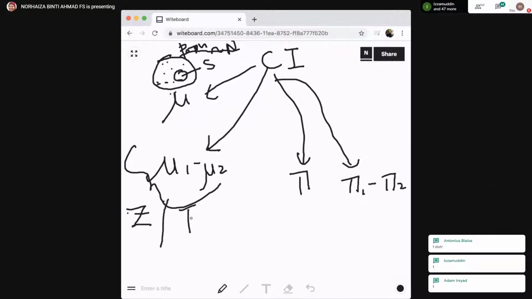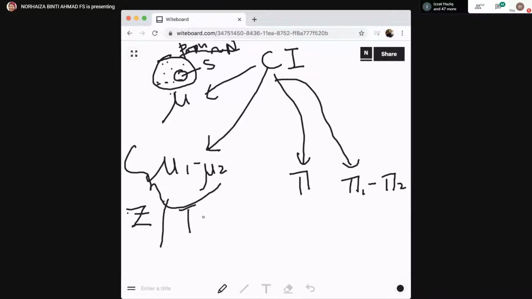So when do I use Z or T? It depends on whether I know my population variance or not. To decide whether I use Z or T, I will check whether my variance is known or not.